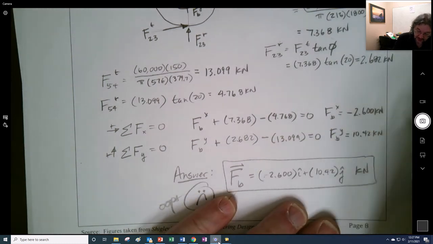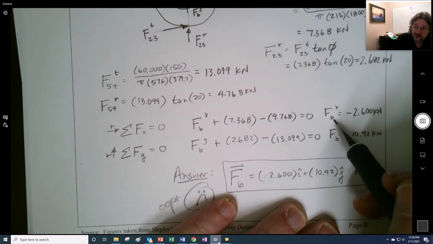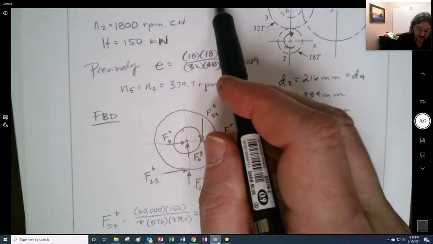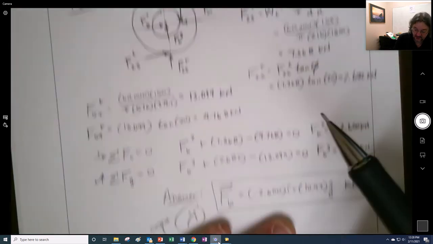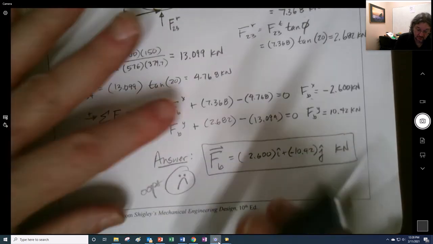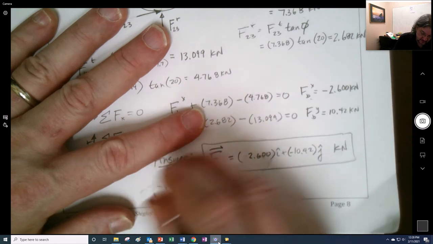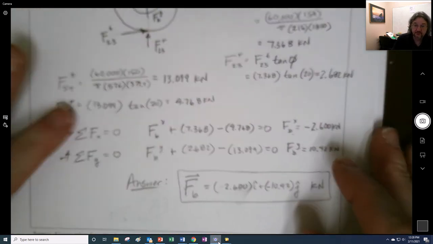These are the forces of the shaft onto the gear. It's happening onto the gear, but we want to find the forces that are happening onto the shaft, so we have to get the opposite direction. Now we're okay. It's an important thing to keep track of. So there you go.